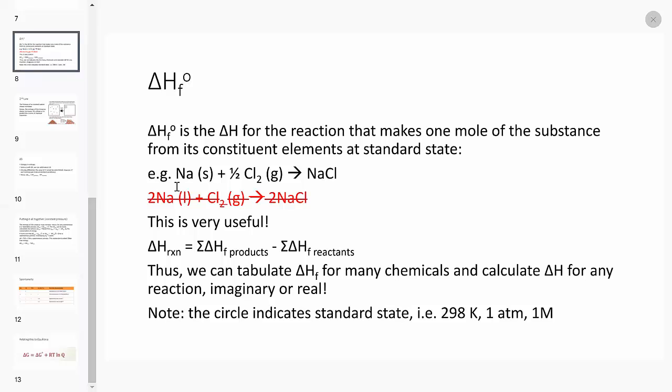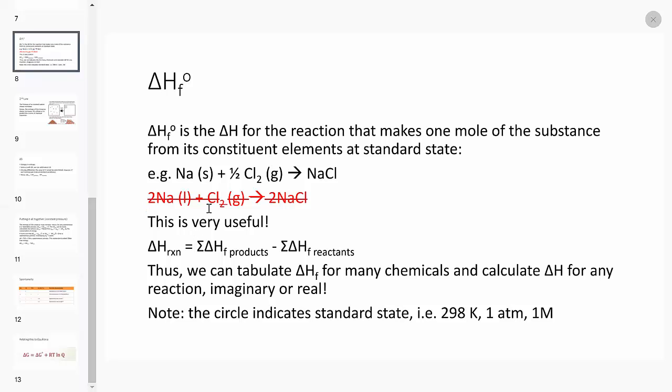Additionally, our sodium is going to be solid, because at 298 Kelvin, sodium is a solid. Chlorine is going to be a gas too. And notice we have this 1/2 coefficient in front of the chlorine, because we need to produce only 1 mole of sodium chloride, which requires only 1/2 mole of chlorine gas.